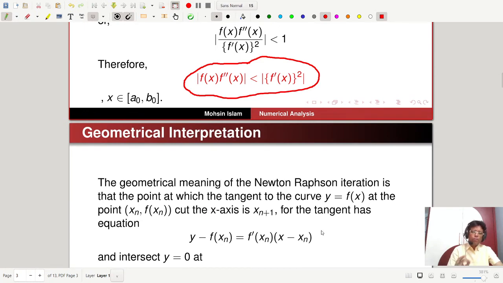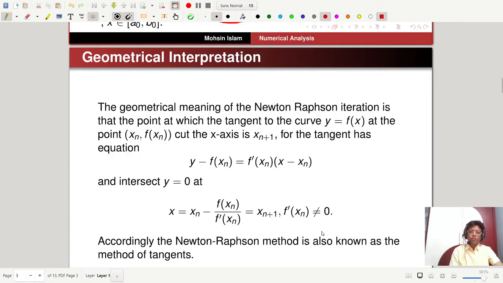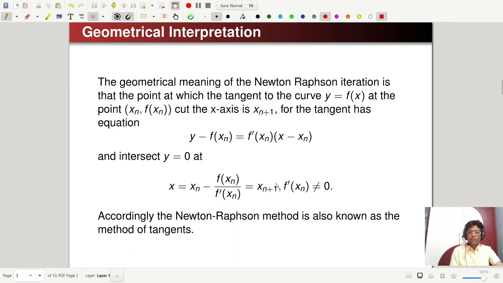The most important thing in the Newton-Raphson method is the geometrical interpretation. It gives us the idea of what we are actually doing in the method. Geometrically, the Newton-Raphson iteration is that the point at which the tangent to the curve at the point (x_n, f(x_n)) cuts the x-axis is x_{n+1}.